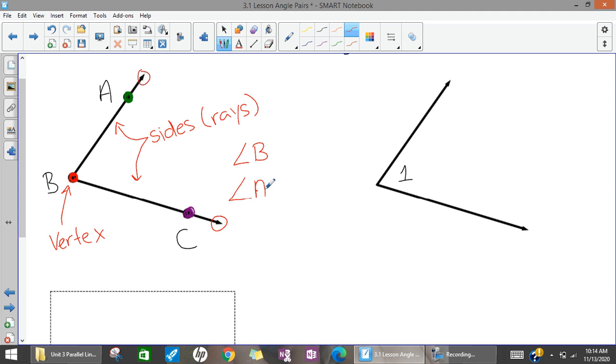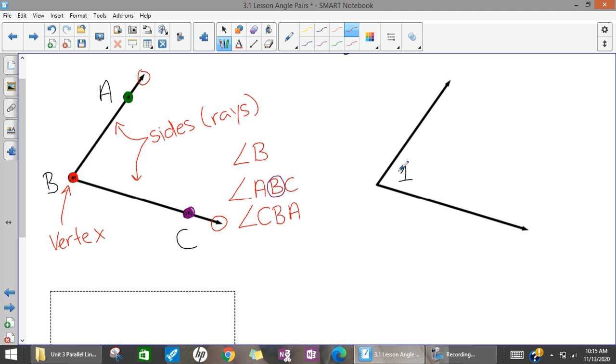So I'm going to call this angle ABC. Notice the vertex is in the middle, just like it is in the middle of these three letters. I can also name that the other way, starting with C. Again, B, the vertex, is in the middle. So I can name it using just the vertex letter, or I can use one letter from each side with the vertex letter in the middle, and of course the order doesn't matter.